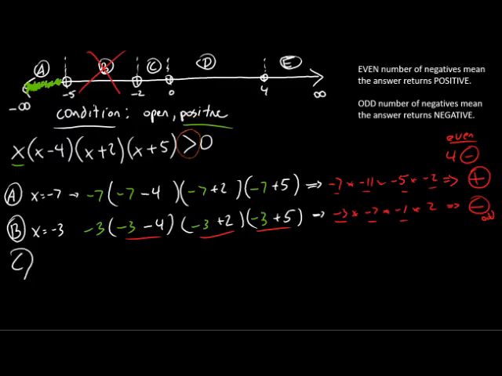Continue to region C now, and pick a number in between negative 2 and 0. My temptation is to try to pick 0, but since that is one of the open circles, we cannot use it. Instead, let's use x equals -1. So we'll have -1 on the outside and -1 for each of our x's.